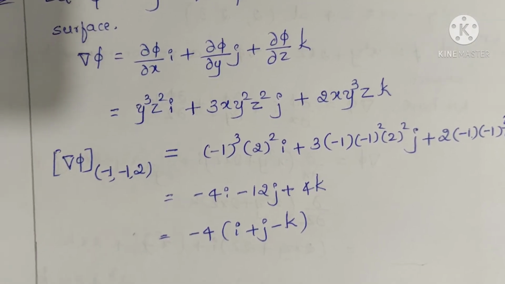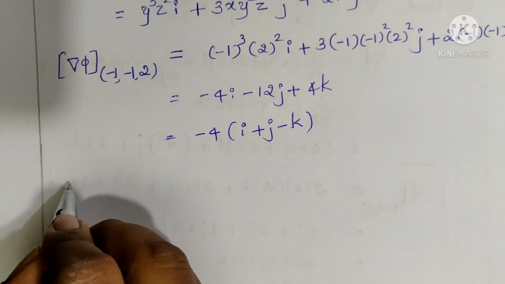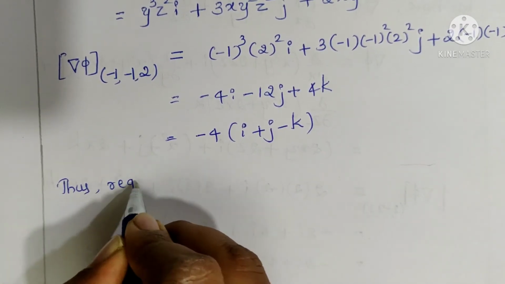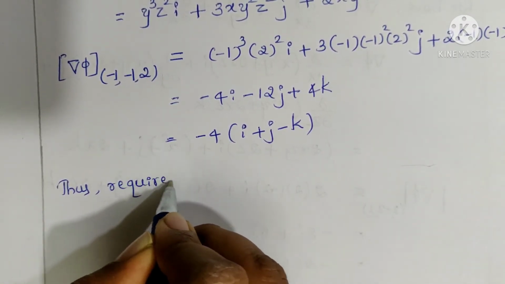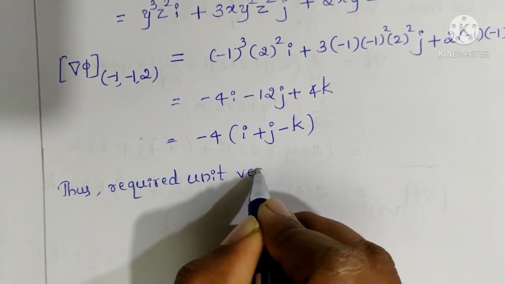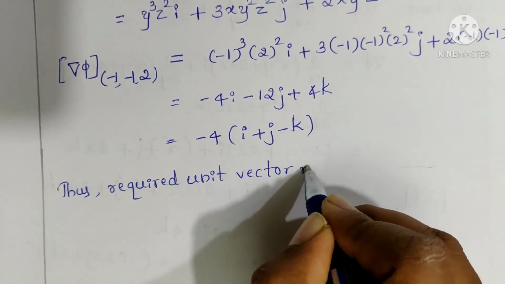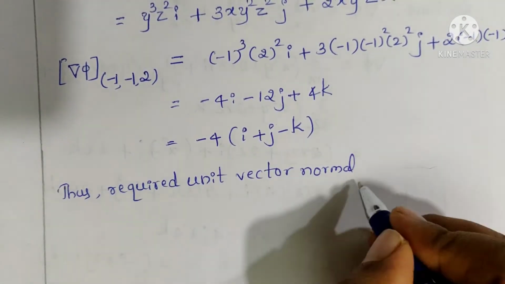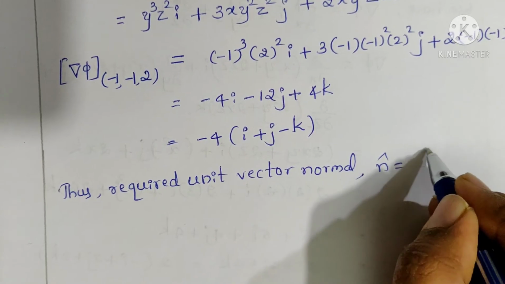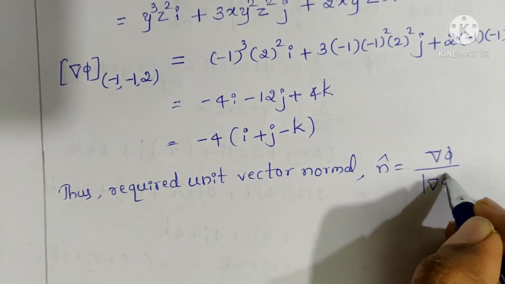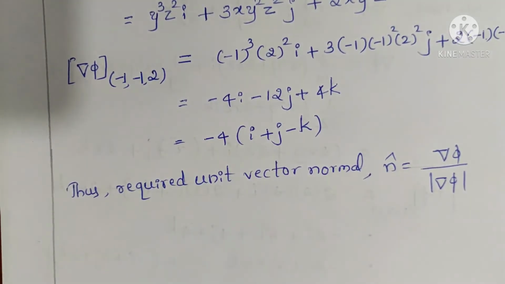Since we require unit vector normal, thus required unit vector normal n cap is del phi divided by modulus of del phi.